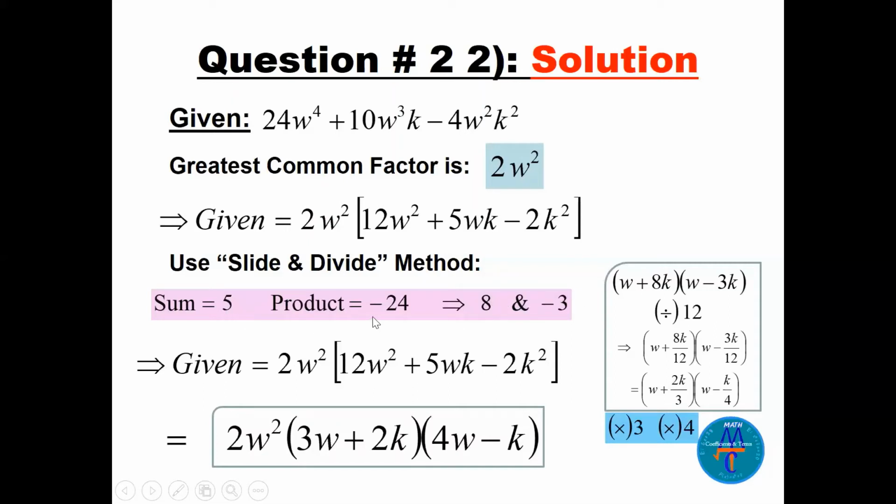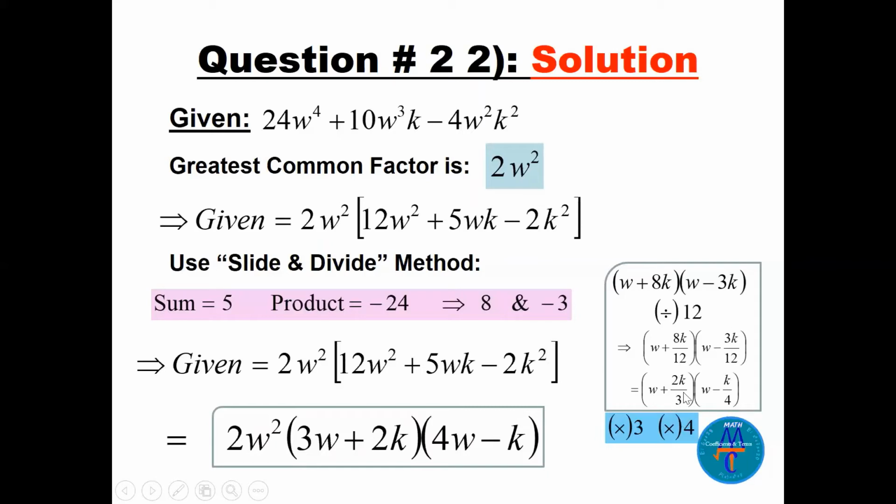So I take these two numbers and make the brackets here. W, you see W, plus 8k, minus 3k. Then I divide by the leading coefficient, the 12. 8k divided by 12, 3k divided by 12. Simplify now, one more step. Here you can cancel by 4, cancel by 4. Here you cancel by 3, cancel by 3, you see?